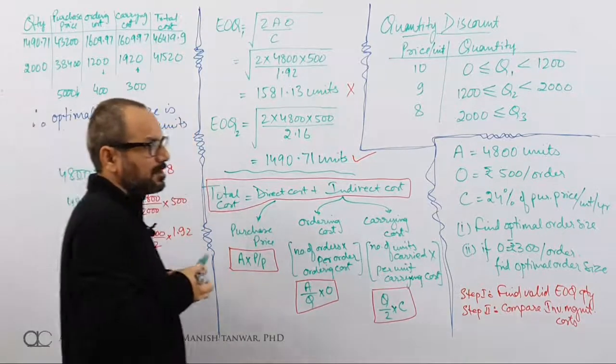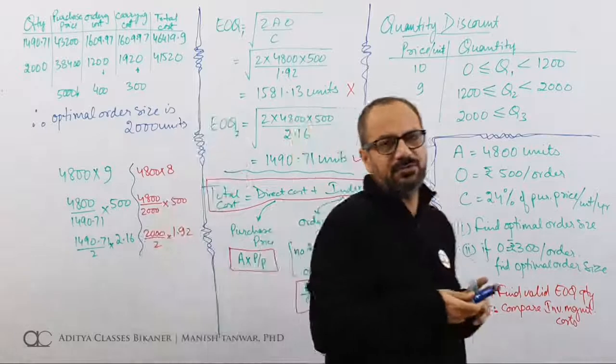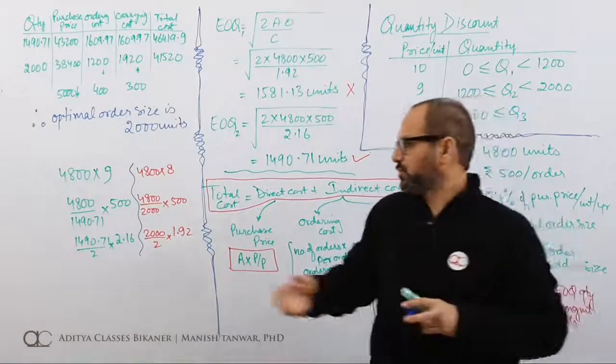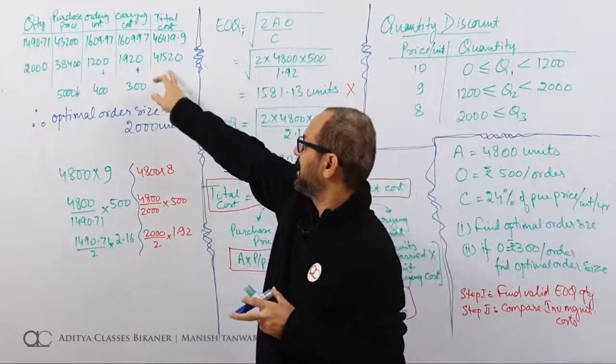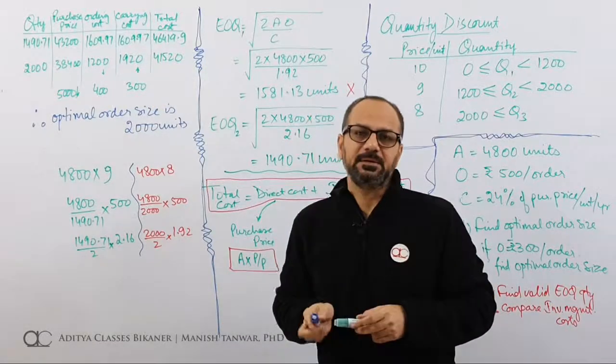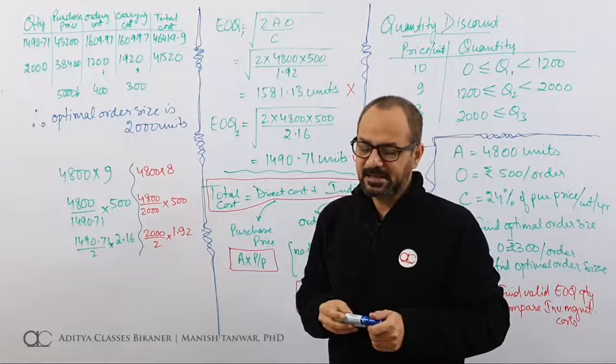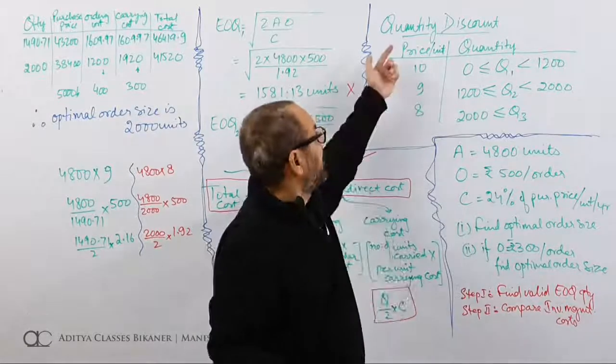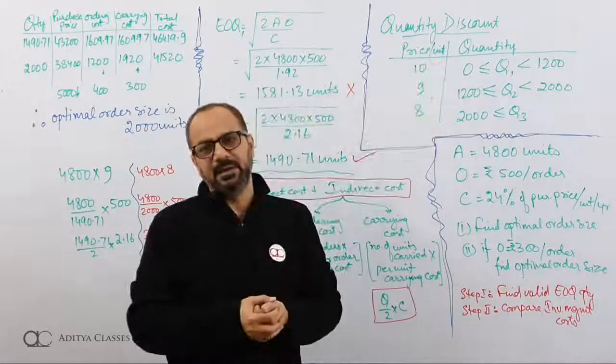Whenever you place an order, go ahead and place an order of 2000 units. By doing so, your complete annual inventory management cost will come down from 46,000 to 41,000 rupees. This is the idea of quantity discount models of inventory management.